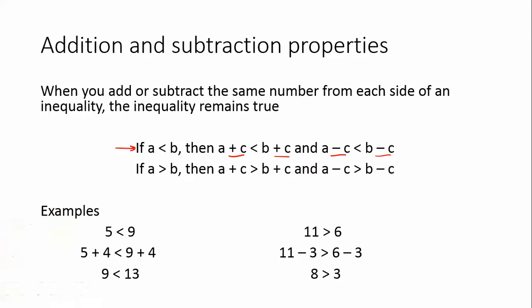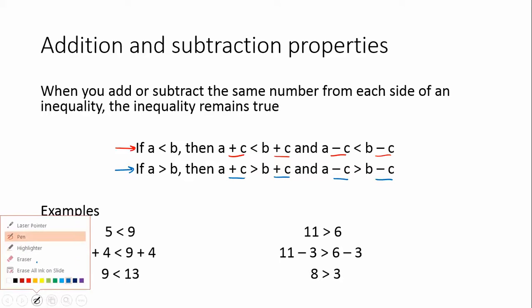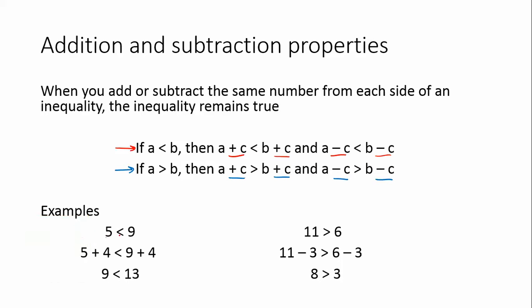Similarly, if A is greater than B and you add C or subtract C from both sides, your inequality will remain true. So what you see in the examples here down at the bottom, and these numbers were all randomly selected, I started by saying that 5 is less than 9. That's true. I'm going to add 4 to both sides. 5 plus 4 is 9, 9 plus 4 is 13, and we get that 9 is less than 13.